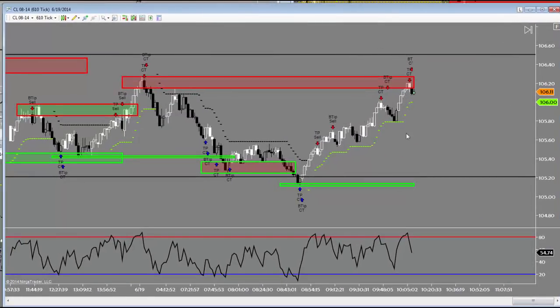Okay, RSI overbought, SOS 1. Where's the market relative to DSR level, SOS 2. Structure, SOS 3. Now this is the first test, so this is the left side of a potential double top.